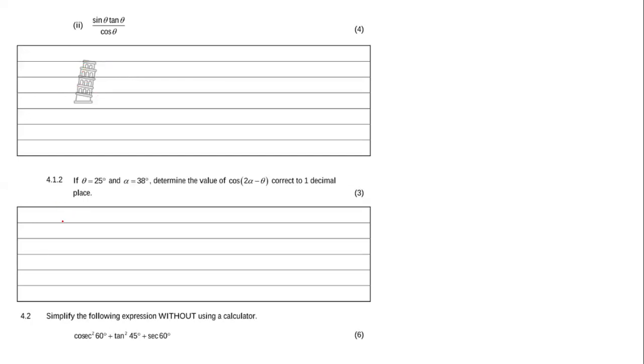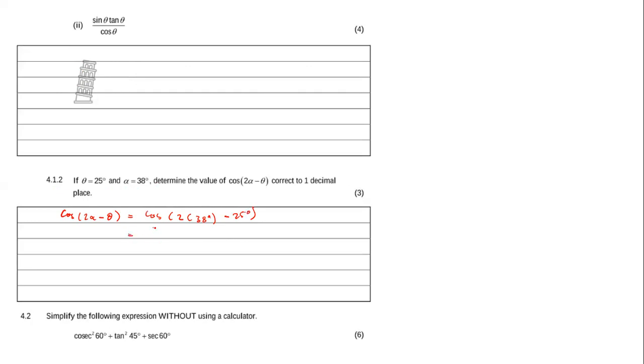Our expression is given to be cos(2 alpha subtract theta), which is equal to cos(2 times the angle alpha, which is 38 degrees, subtract the angle theta, which is 25 degrees).